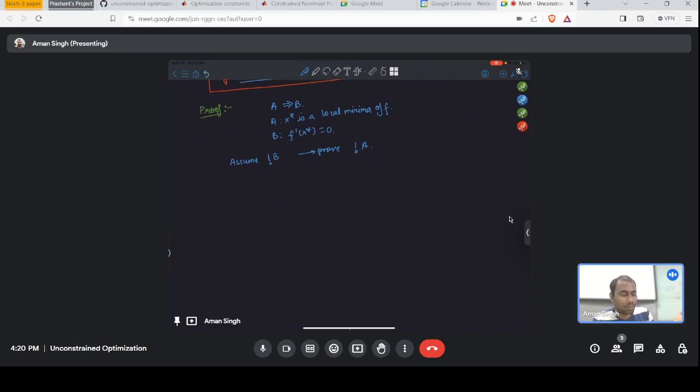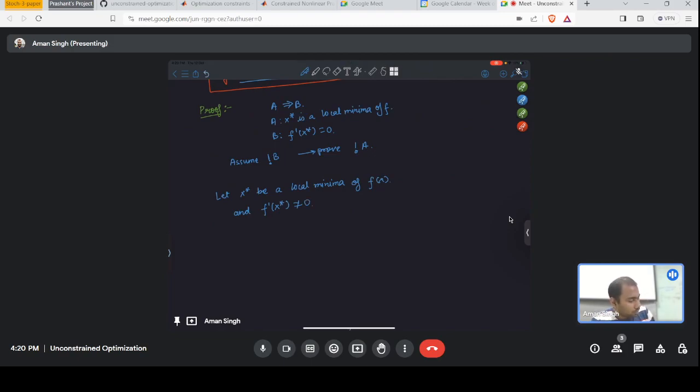Let x star be a local minima of f(x) and f dash x star not equal to 0.